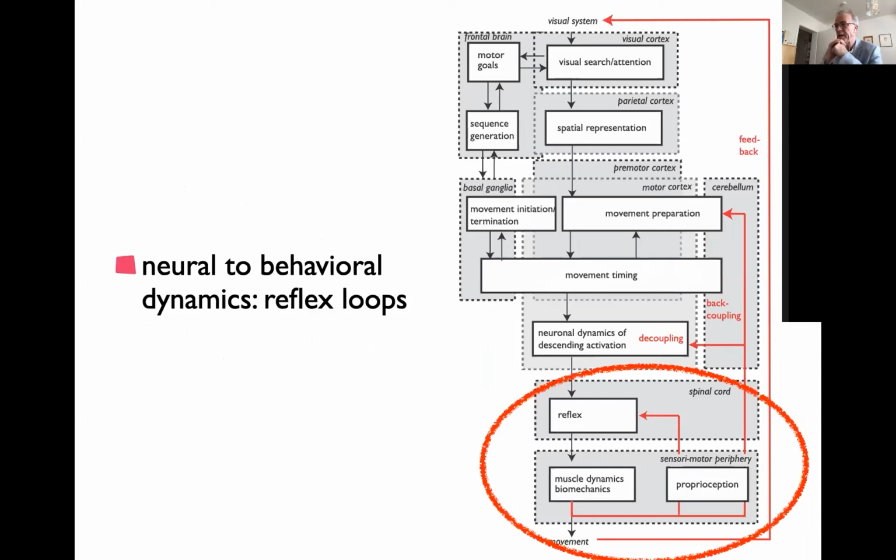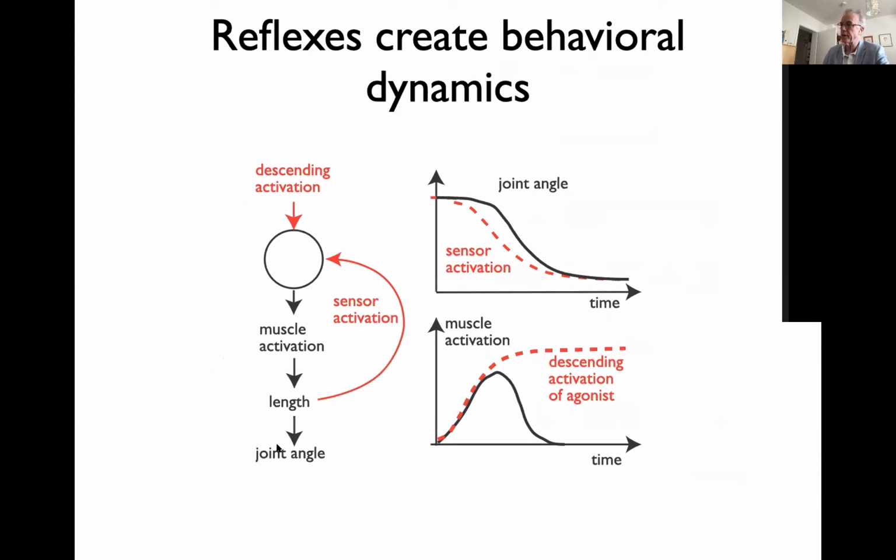Good. And so the lowest level is the actual actuator. The actual actuator is a dynamical system, as I mentioned before. And that's true because it's physically a dynamic system, right? The arm is a rigid body that has its inertia and Coriolis forces and so on. But it's also a dynamical system in the sense of a peripheral reflex loop. I alluded to that earlier, that reflexes, in particular the stretch reflex, are really critical.